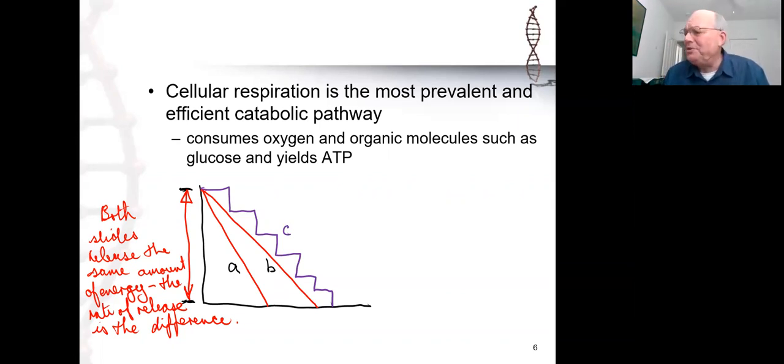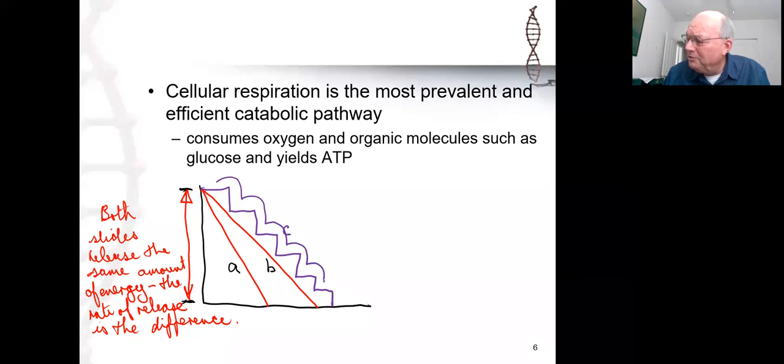And the advantage of a staircase is the vertical distance that you go down is still the same as for slide A and slide B. So the amount of energy that's released in going down the staircase remains exactly the same. There's no change in the energy release. It's exactly the same because the vertical distance remains the same. But it's controlled because you go down in increments.